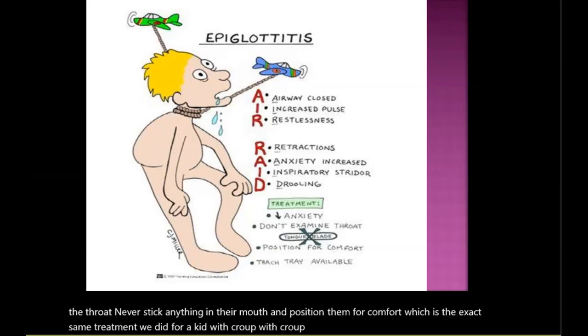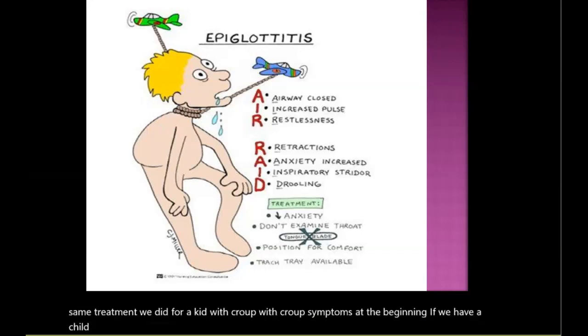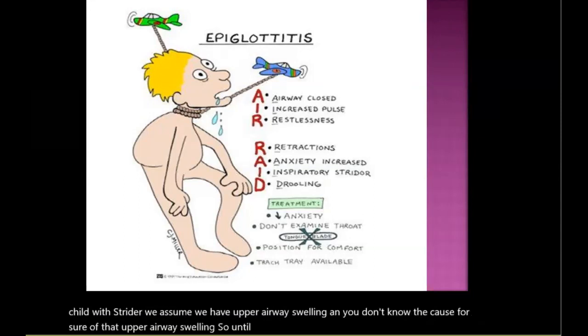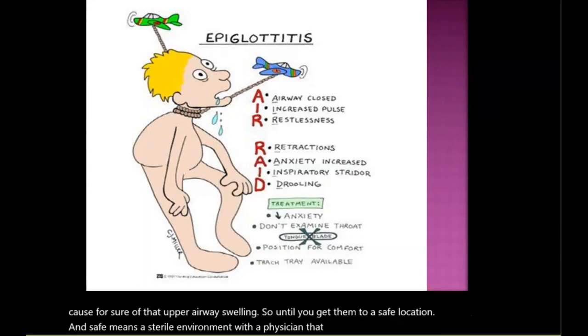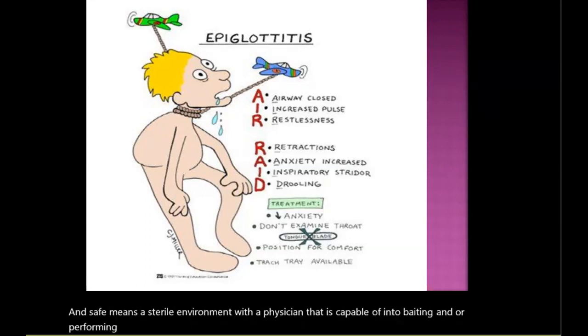If we have a child with stridor, we assume we have upper airway swelling, and you don't know the cause for sure of that upper airway swelling. So until you get them to a safe location, and safe means a sterile environment with a physician that is capable of intubating and or performing an emergency tracheostomy, you don't know.